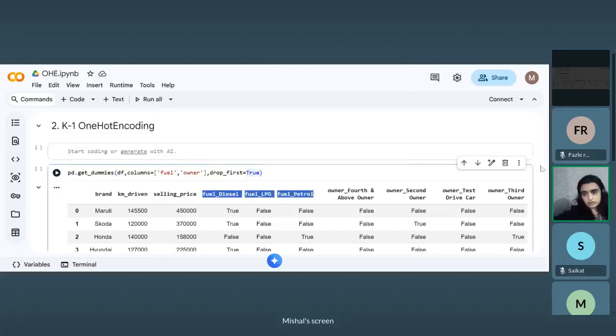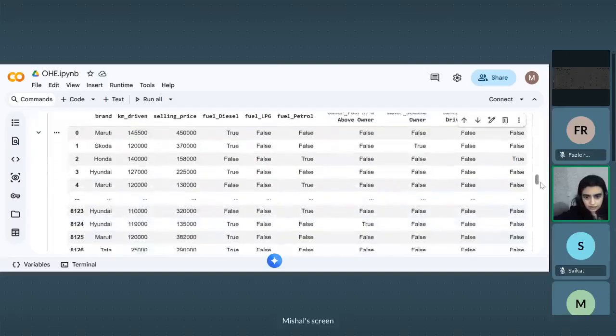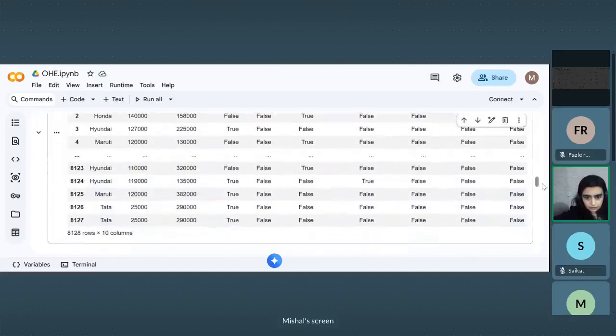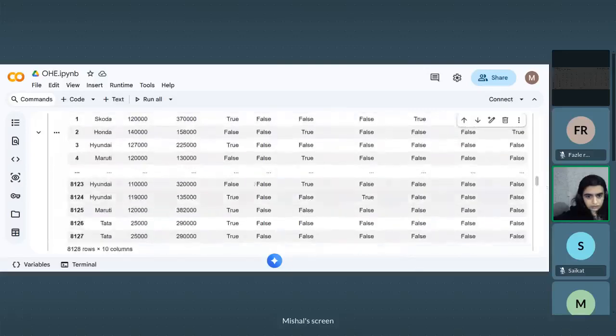Previously, we had 4 categories: diesel, LPG, petrol, and CNG. Now we have made it true, so we don't have CNG now.